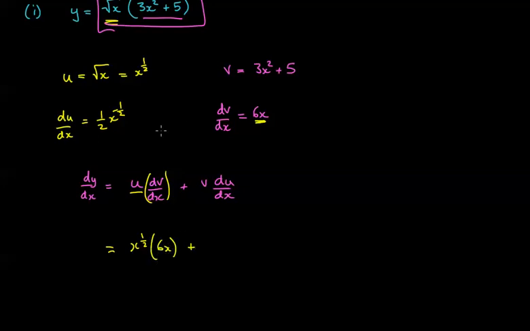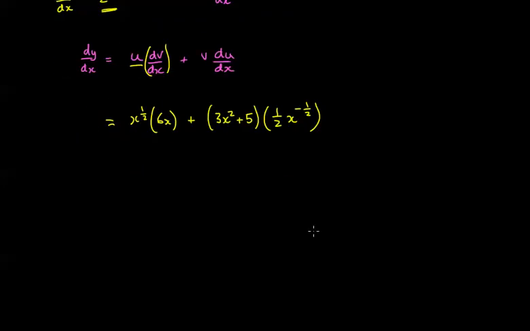Now I'm going to add, what's v? v is this, so 3x squared plus 5 times, what's du by dx? du by dx is this, so I'm going to plug that here, a half x to the power of minus a half. Let me clean this up a little bit.